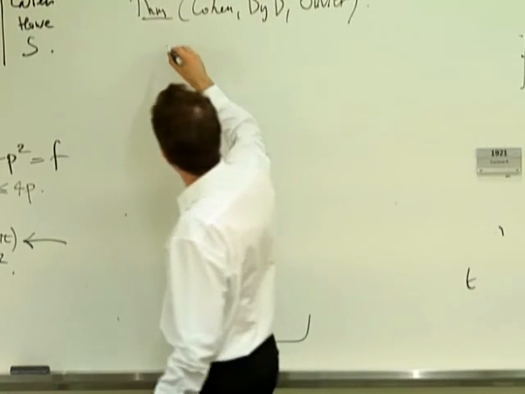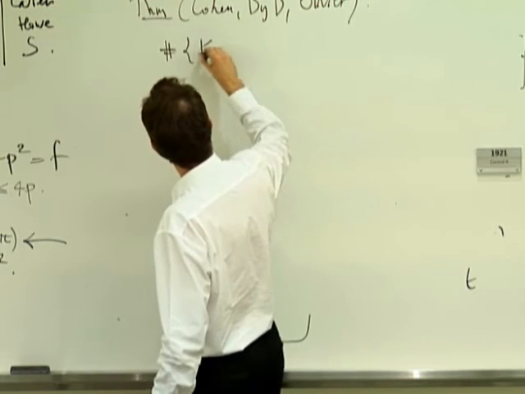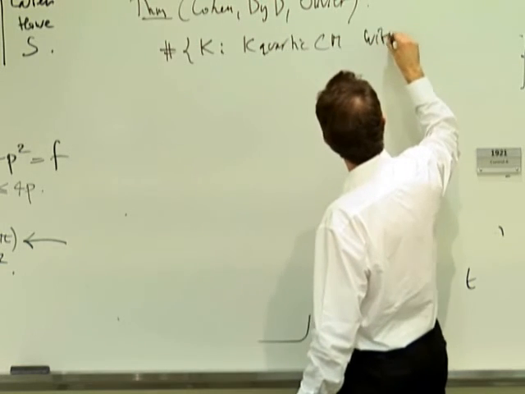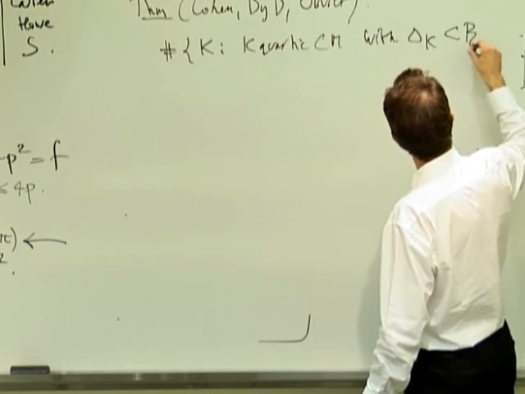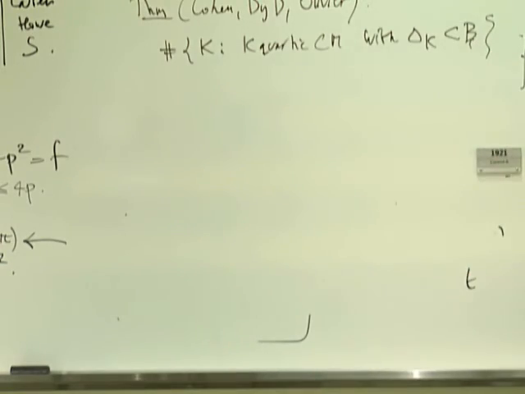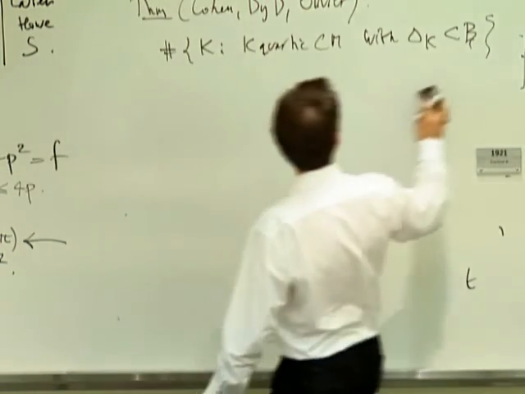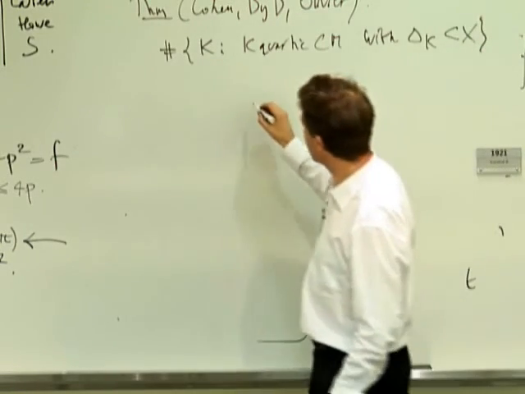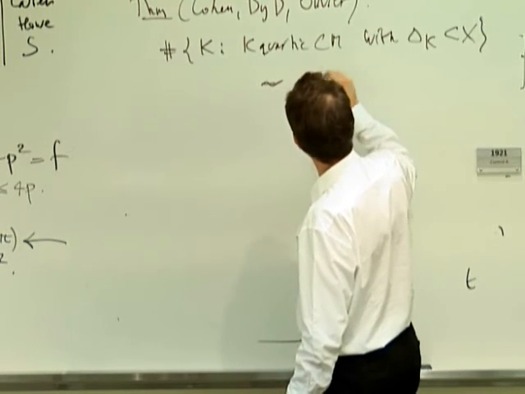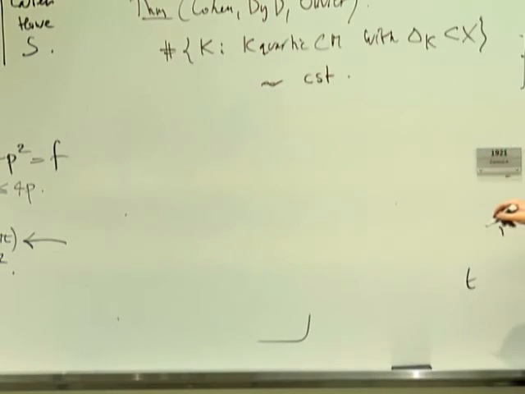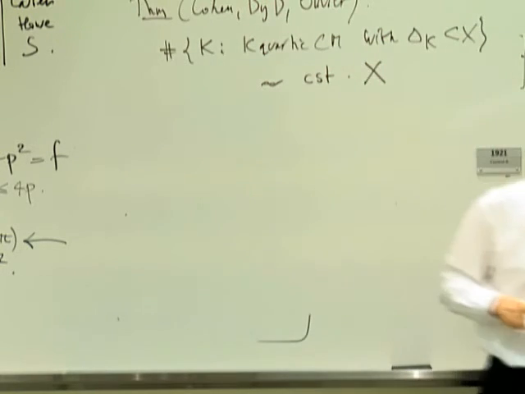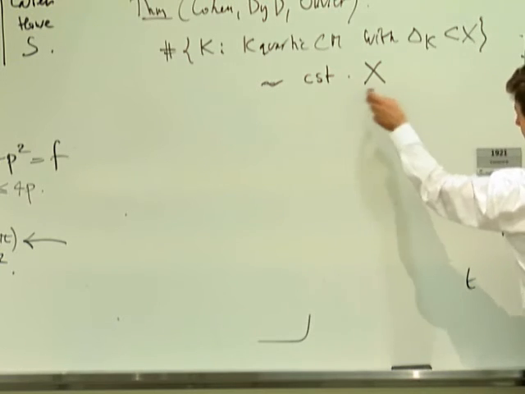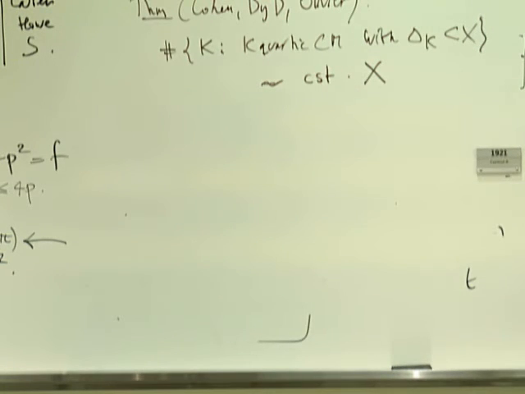If you count the number of CM fields k, quartic CM, of discriminant no more than some bound b, maybe we should call it x, it's not the same b as there. If you count those, then asymptotically this behaves like a constant, an explicit constant that you can compute times x. So just like in the quadratic case, there is linear growth. If you bound the discriminant by x, you get a multiple of x, that many quartic number fields.